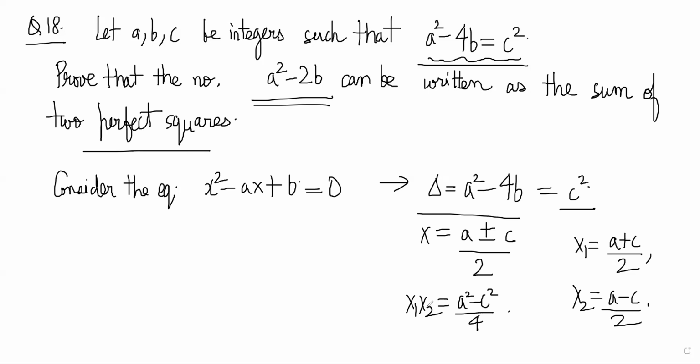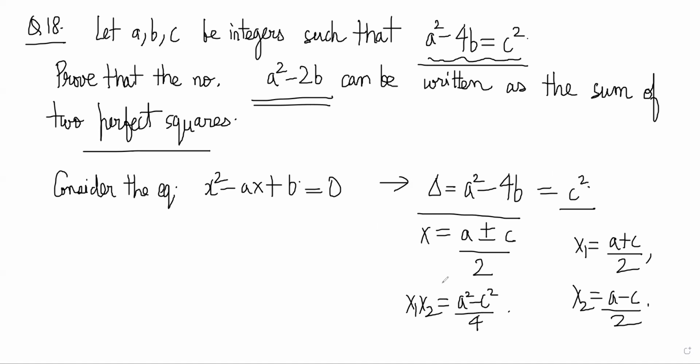a, b, c were integers and the discriminant was a perfect square, so it could have a rational root.